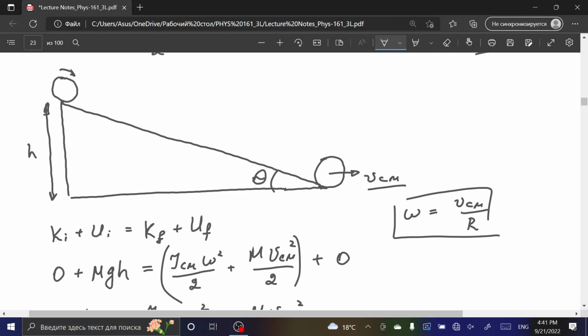So in that case, will the velocity of the center of mass be larger or smaller than the velocity of the center of mass of this rolling object? Smaller because of the angle of it.